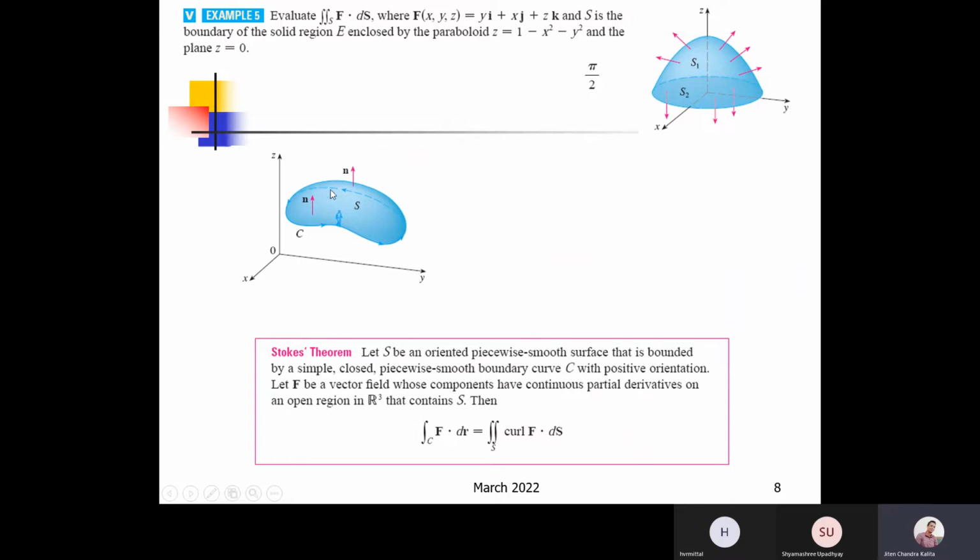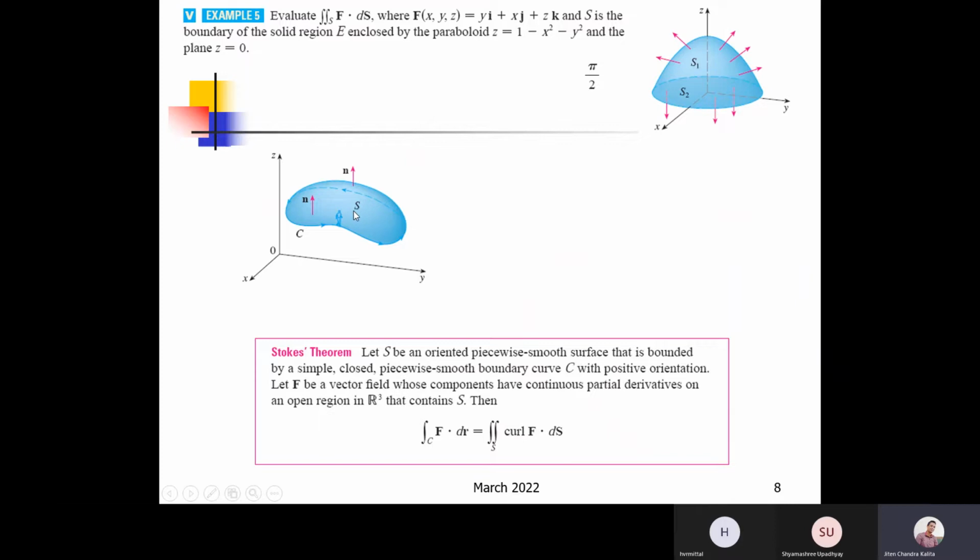So basically here they are simply talking about an oriented surface which is piecewise smooth like this S, and then they are talking about say it is bounded by this curve C. So you can see that the direction of the curve is that if a person is walking along the curve, then the surface is always going to be on your left.